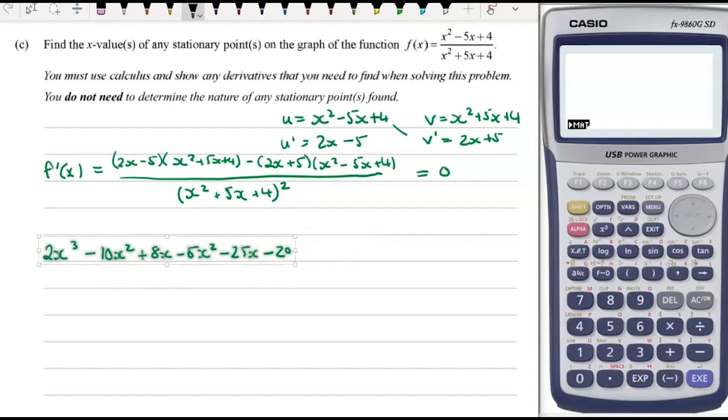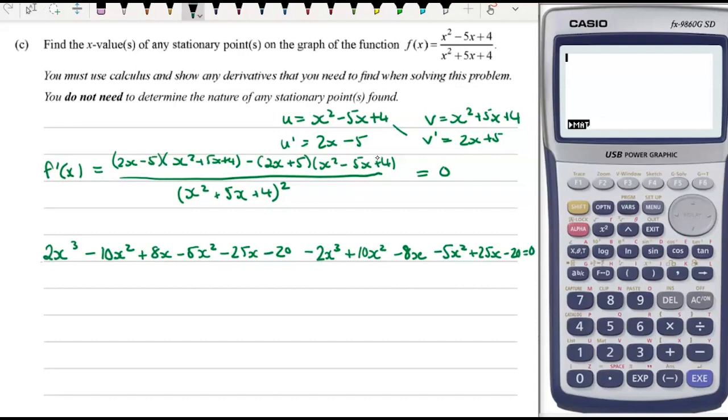And then the second set of terms, we're going to have minus 2x cubed plus 10x squared. So I'm up to this bit, so minus 2x times that one. We've got minus 2x times the 4 is minus 8x. And then we'll take the minus 5 times all of that, so minus 5x squared plus 25x minus 20. That all has to equal 0.